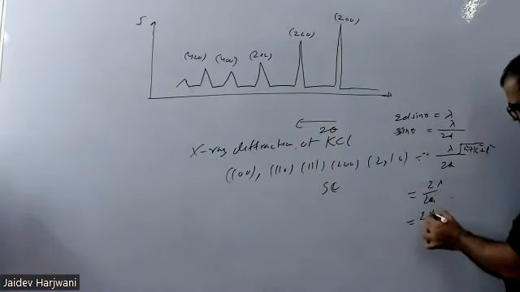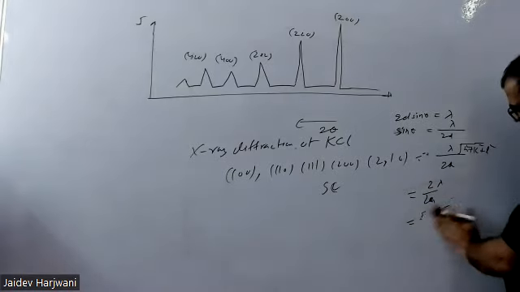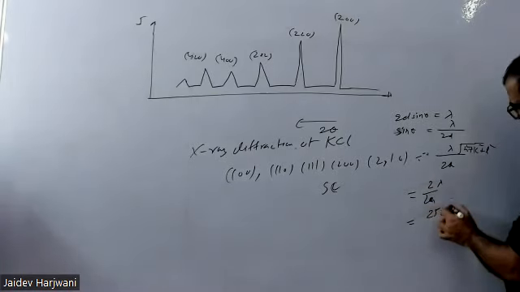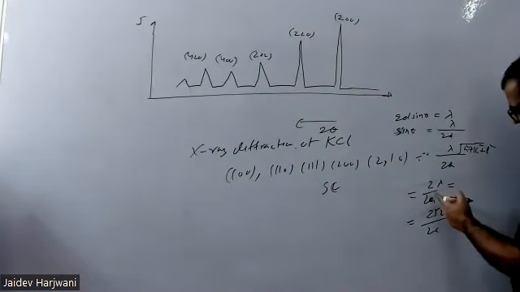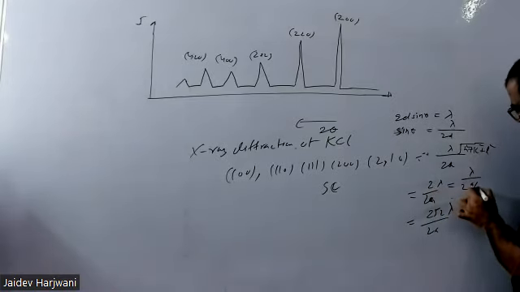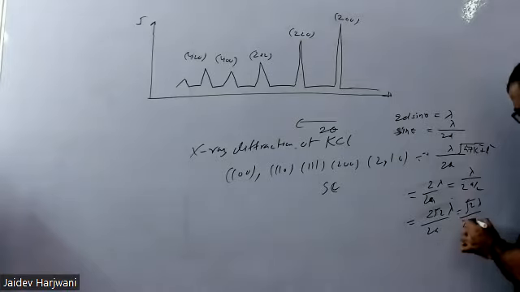So this comes as 2 root 2 lambda upon 2a, which can be considered as lambda upon a/2, and similarly root 2 lambda over a/2.